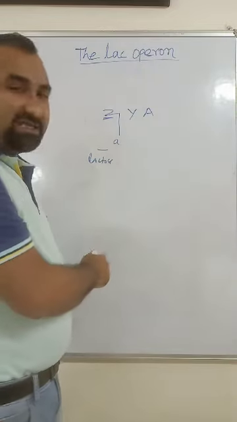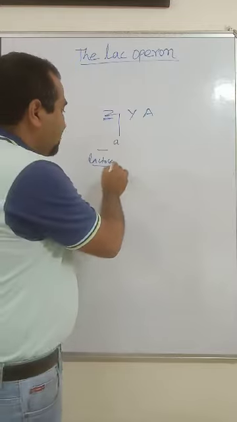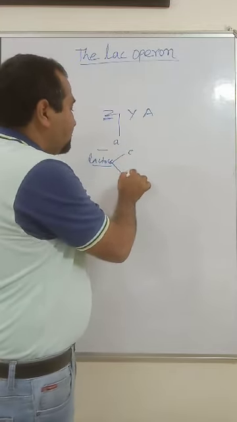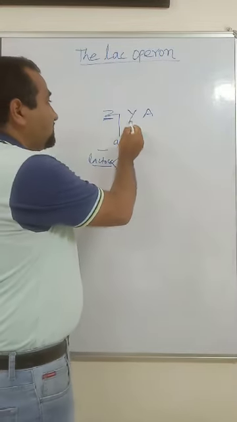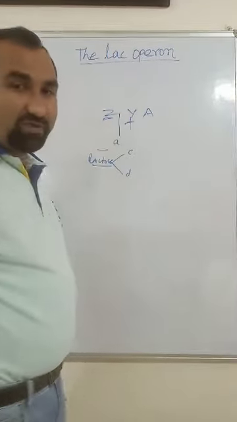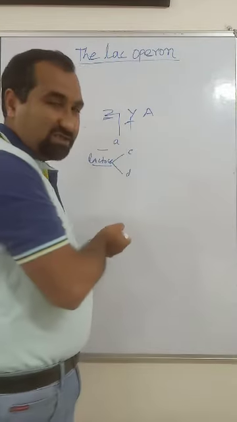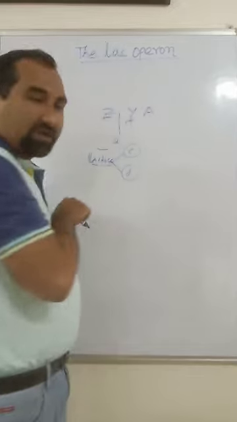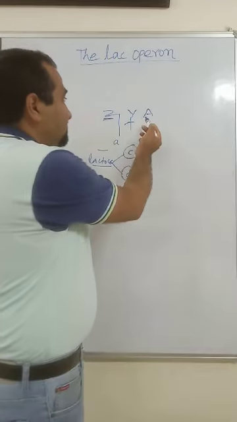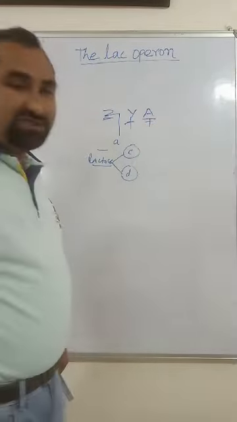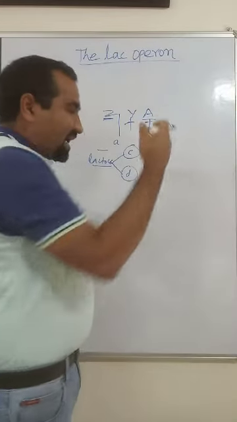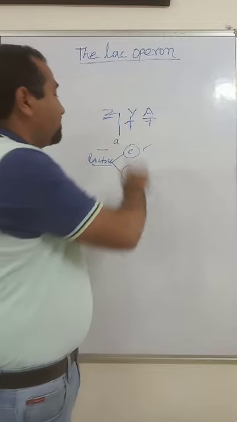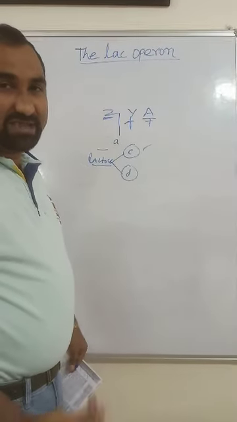When this enzyme acts on lactose, suppose lactose is converted into other molecules C and D. Now the enzyme product of the Y gene acts on these products, and similarly the A gene product acts on the other products produced by the action of the Y gene enzyme.